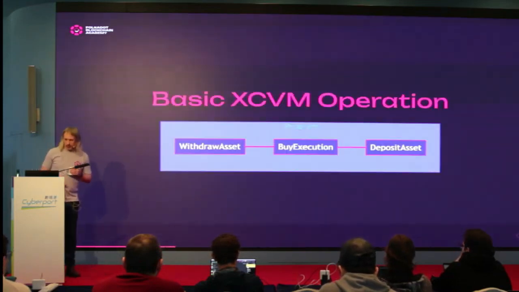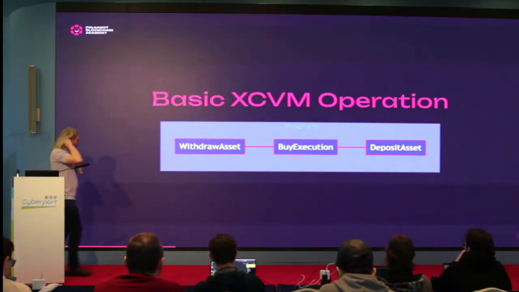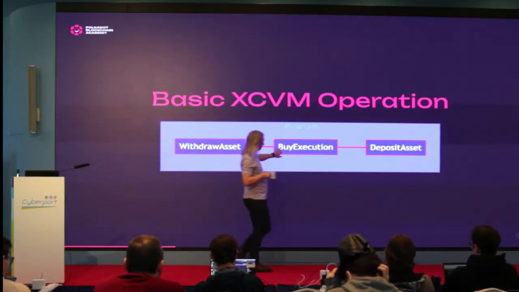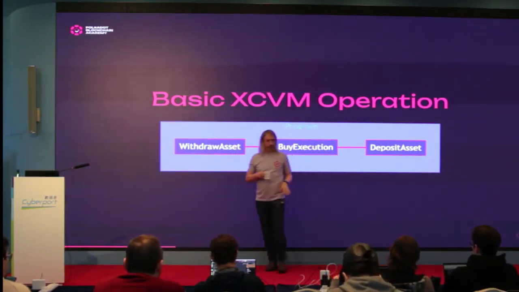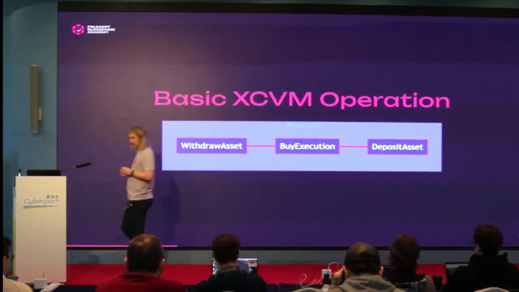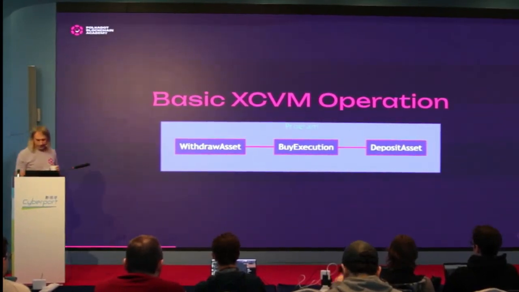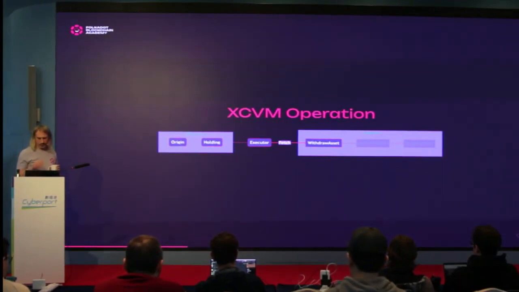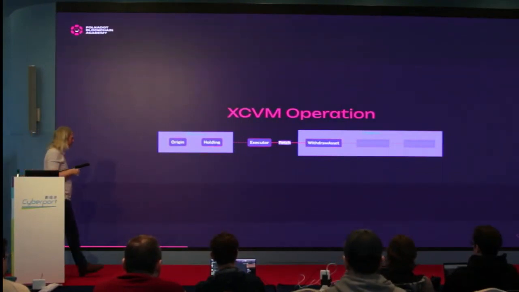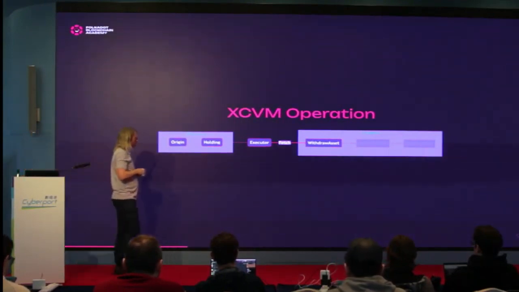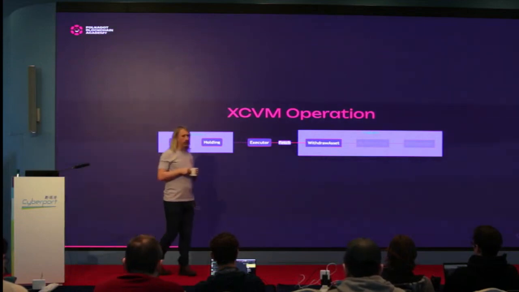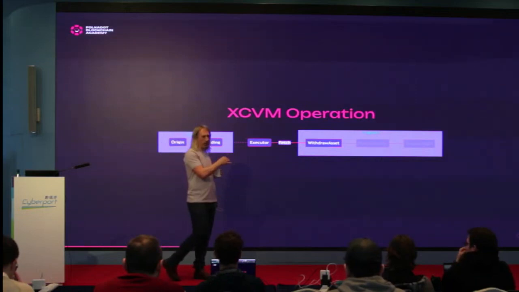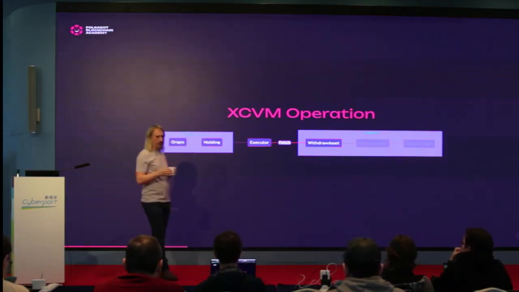All right, let's have a look at the basic operation of the XCVM. As I say, you might have a program that looks like this: withdraw asset, buy execution, deposit asset. Now the XCVM assumes for now that the receiving chain has decided that this program is worth executing.